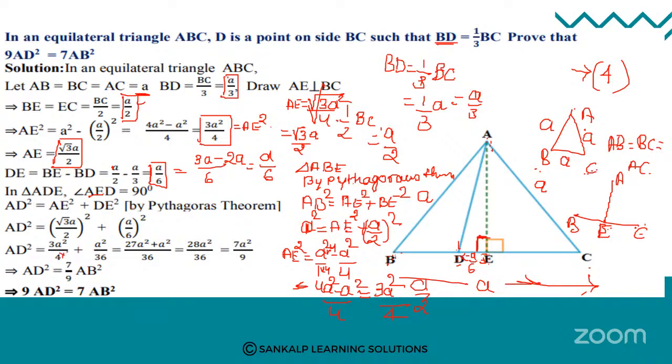So 36 and 4: 9 fours are 36. So here also you will multiply by 9. 3 into 9 is 27A square plus A square divided by 36, which is the LCM. 27A square plus A square is 28A square divided by 36, right? Next.